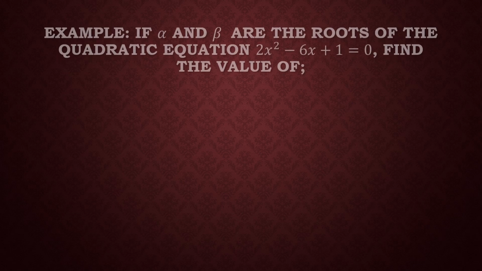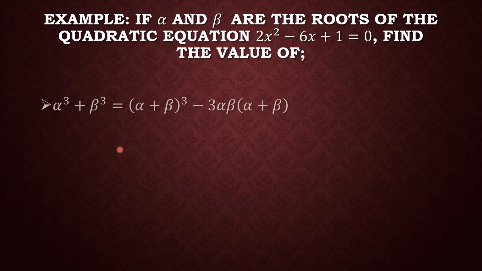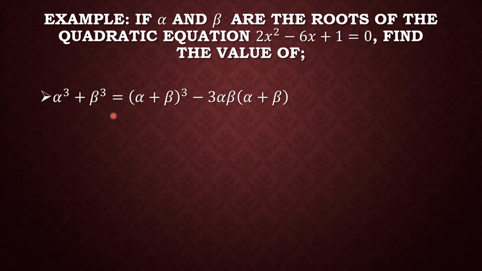So now, if alpha and beta are the roots of this equation, we are still finding the value of alpha cubed plus beta cubed. How do we expand this particular algebraic identity based on the sum and product? So based on the sum and product, this one will be (alpha plus beta) power 3 minus 3 alpha beta times (alpha plus beta).